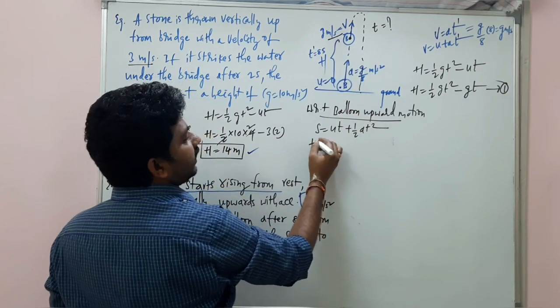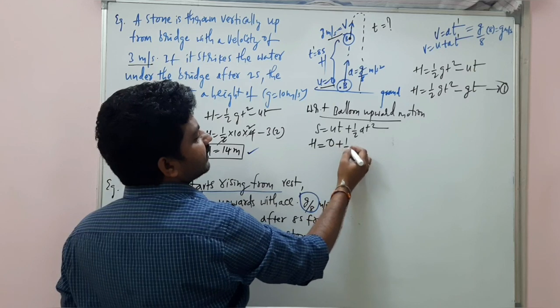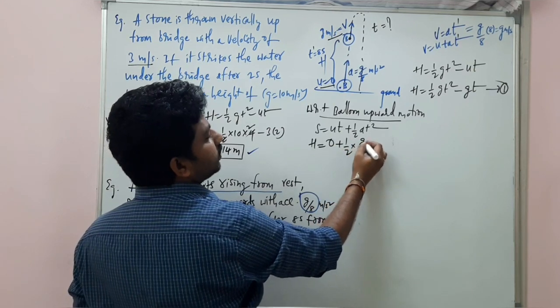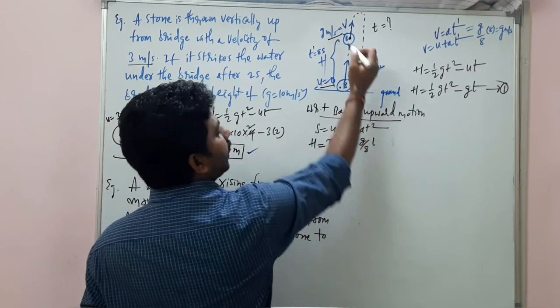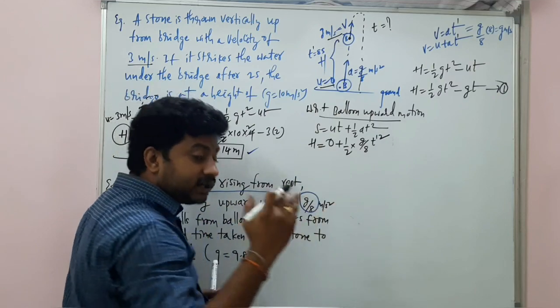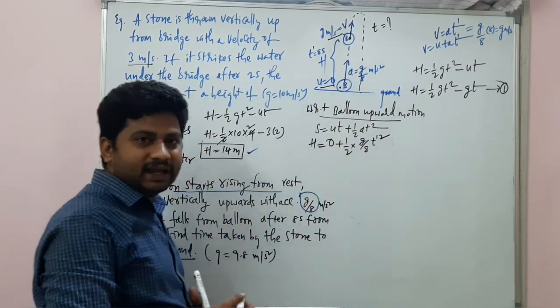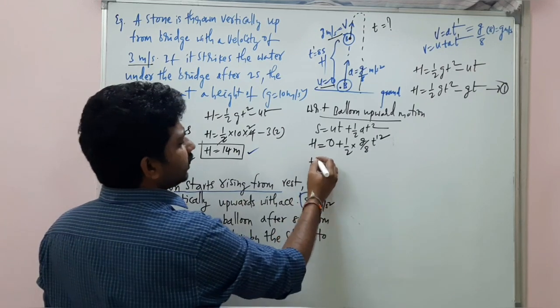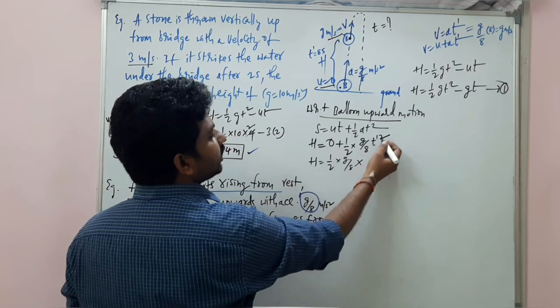So h is equal to initial velocity, which is 0, plus half into acceleration, which is g by 8, into t square. What is this t square? It is t dash square. t dash is from here to here, the time taken by the balloon to move from the ground to this particular height. So h is equal to half into g by 8 into t dash square.